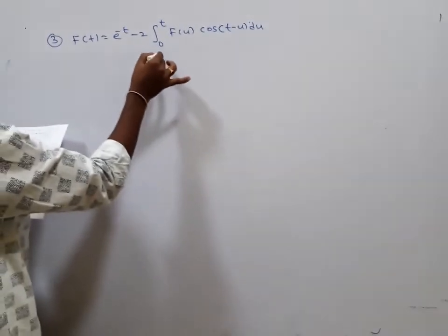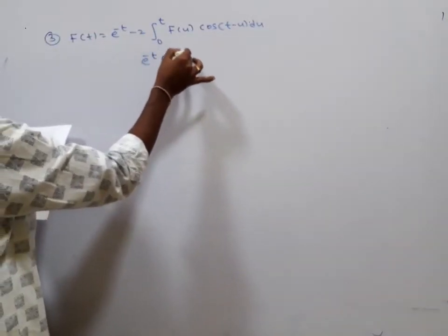Solution is e to the power of minus t into 1 minus t whole square.